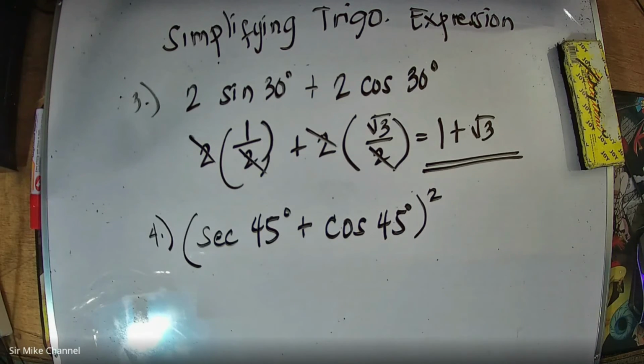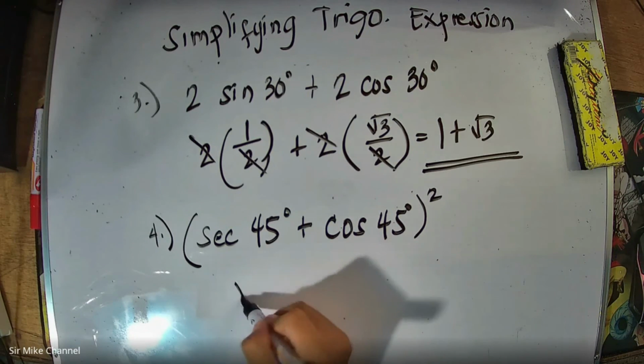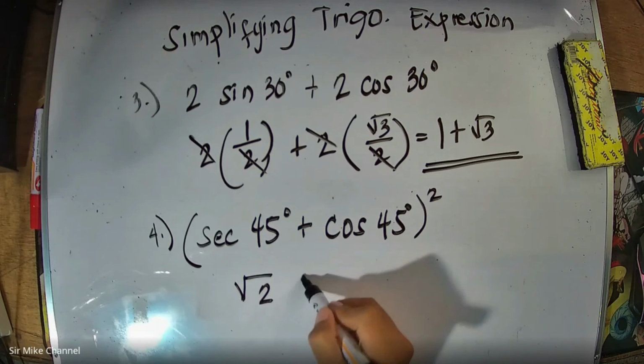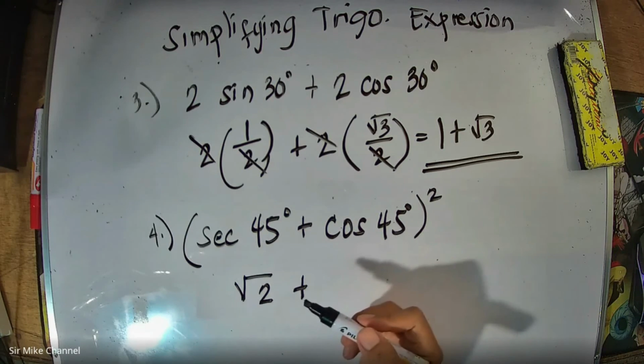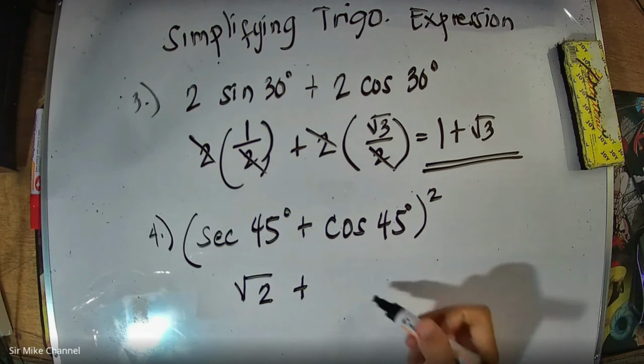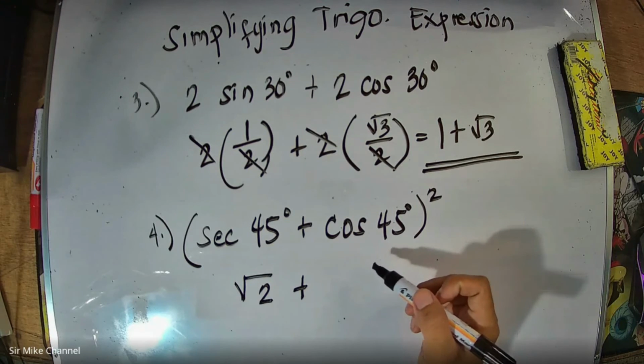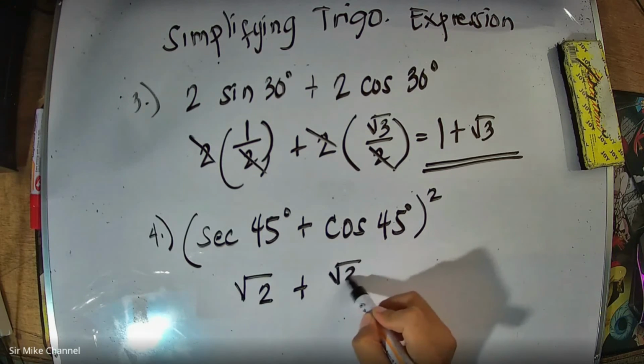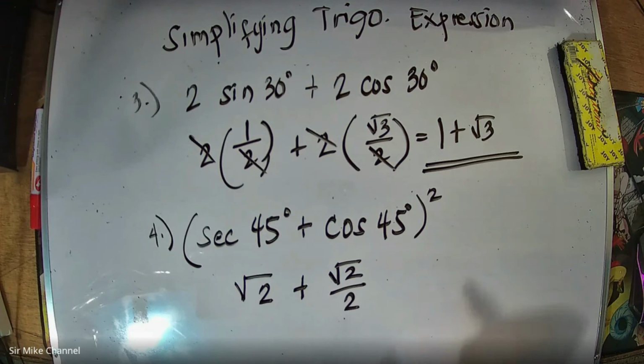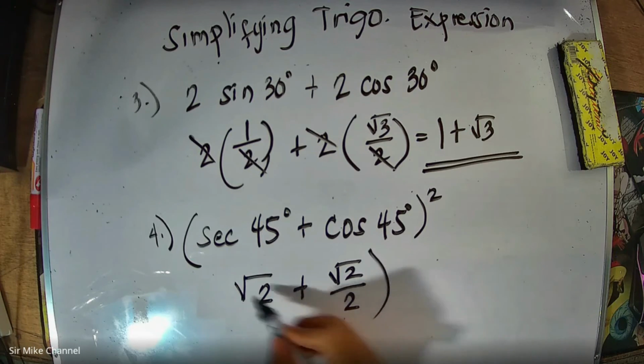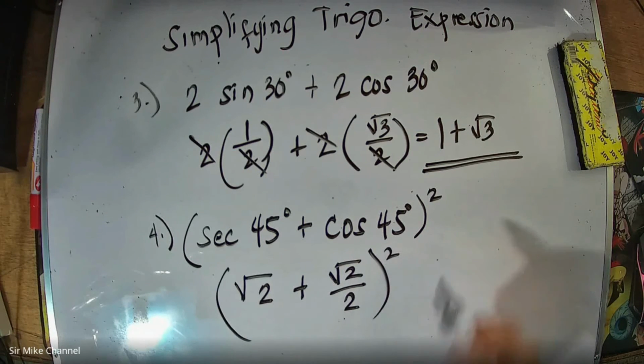Equivalent ng secant 45, square root of 2. Basta makikita nyo na lang sa table natin kanina. Ang cosine 45 natin ay square root of 2 over 2. Then, meron tayong squared.